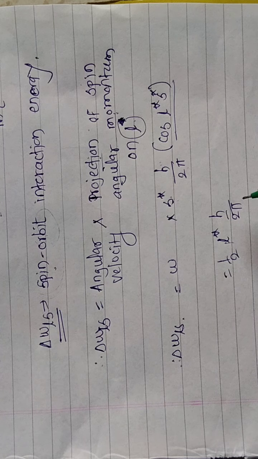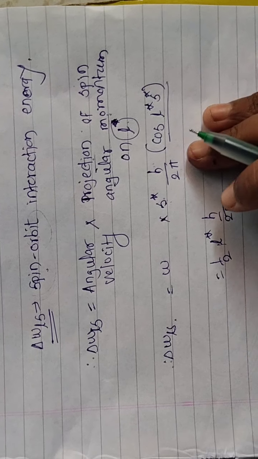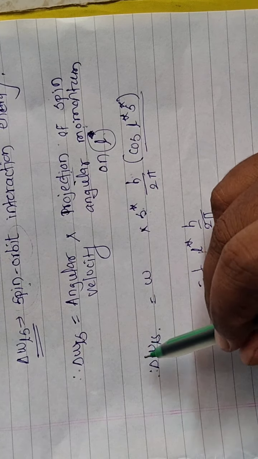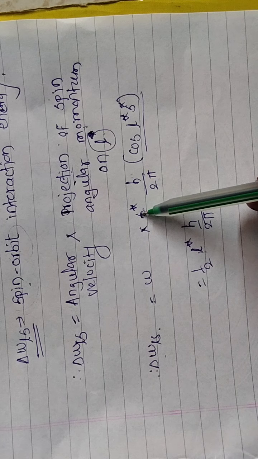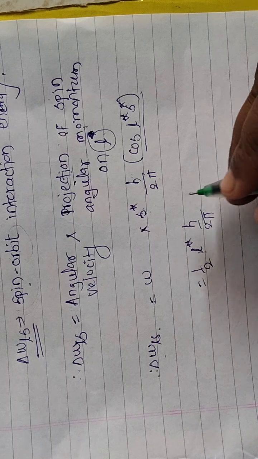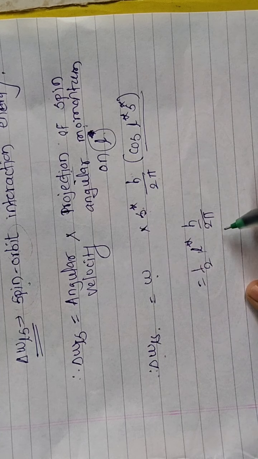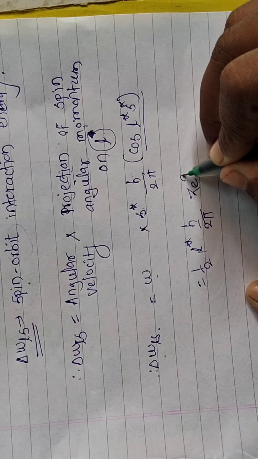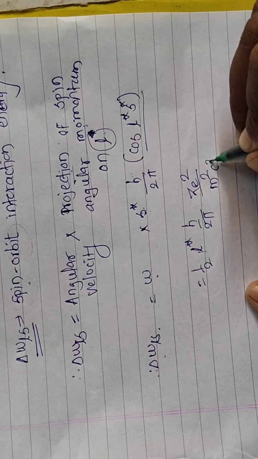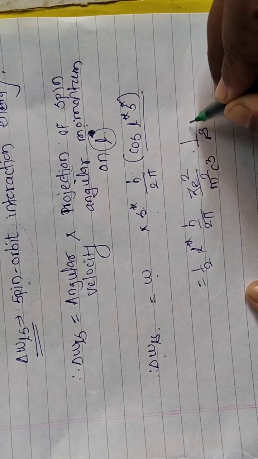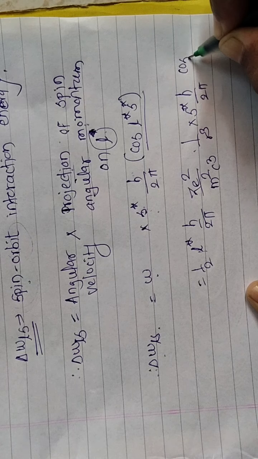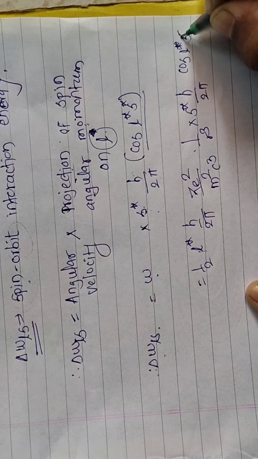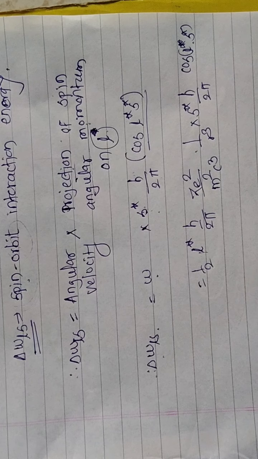By using both these quantum numbers we have to calculate the value of the spin orbit interaction energy. Therefore L star must come in the equation, and S star must come too, since the projection of both is taking place. So this is the angular velocity, L star h upon 2 pi z e square divided by m square c cube into 1 upon r cube, and the value of this is S star h upon 2 pi cos of L star S star.